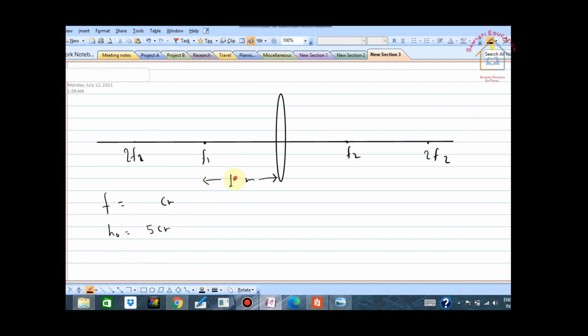Focal length will be 10 centimeter, plus 10, and h naught will be 5 centimeter, and u will be u equal to minus 25 centimeter, because the object will be in the first half.